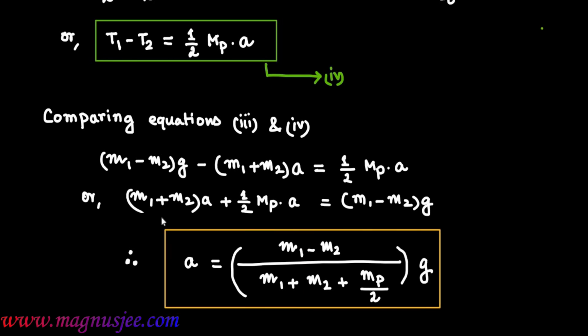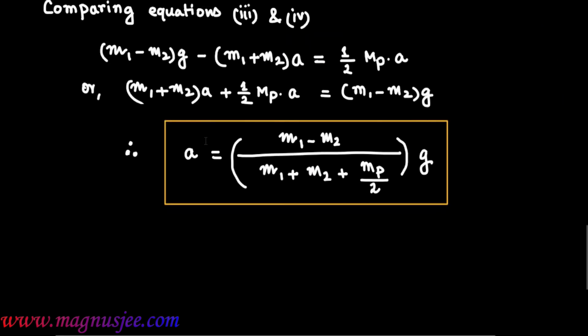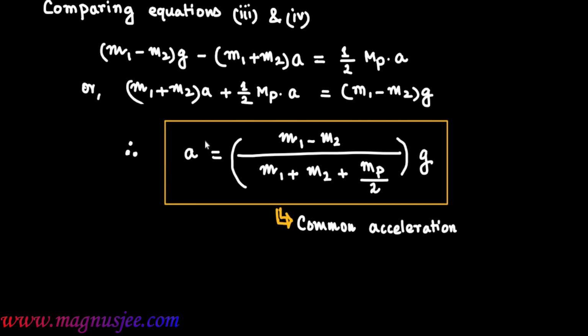So this is the expression of the common acceleration of two bodies which are connected to two ends of a string which passes over a heavy pulley. a equals (m1 minus m2) divided by (m1 plus m2 plus Mp divided by 2), times g.